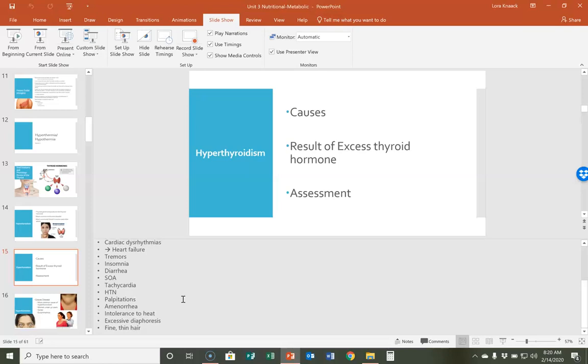Intolerance to heat is one of those key things. These people just cannot tolerate any heat. They want to be in their air conditioning with hardly any layers of clothes on, it seems like. Excessive diaphoresis, and then fine, thin hair is also one of those signs. So the weight loss with an increased appetite, fine, thin hair, and intolerance to heat, those are key assessment findings.